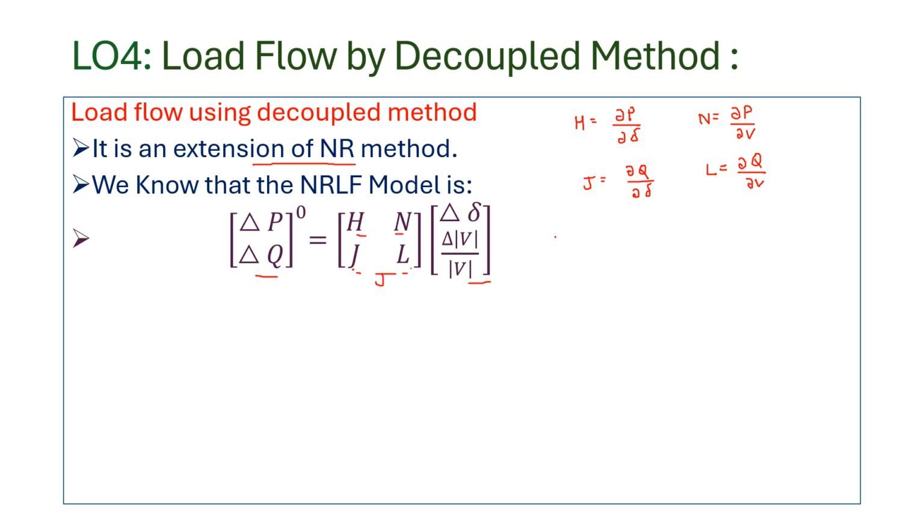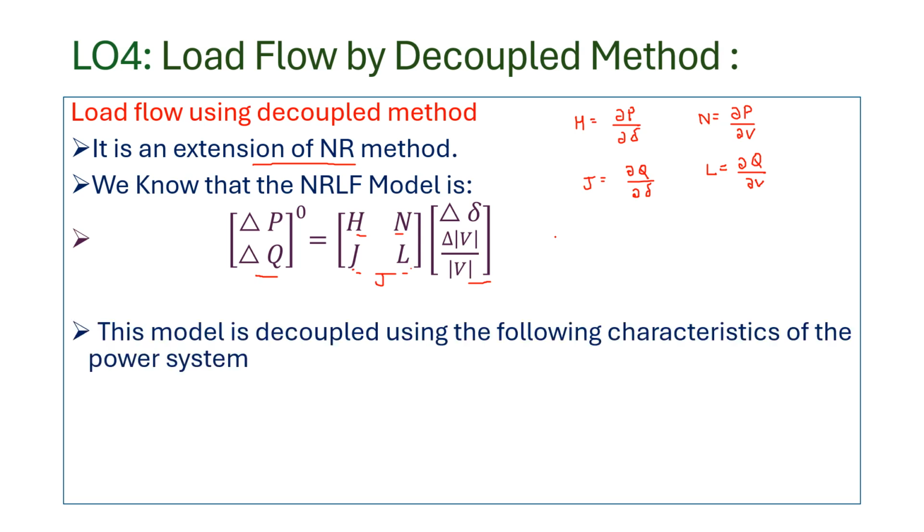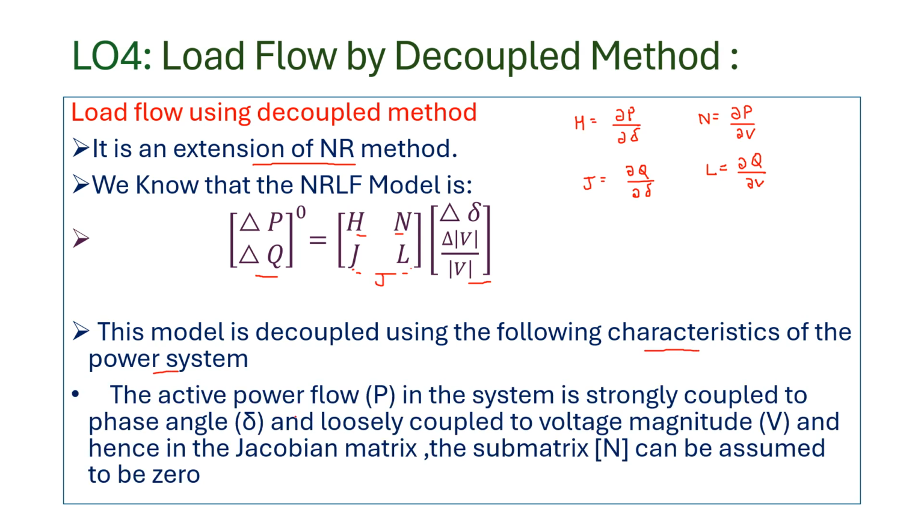Now there is a very important characteristic of the power system which we use to modify this NRLF model so as to get the decoupled method. So what is that characteristic? The first characteristic is that the active power and the phase angle are strongly coupled.